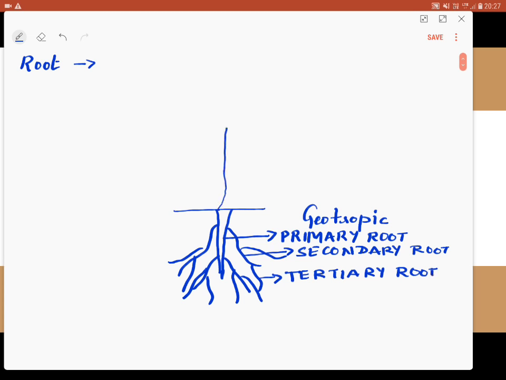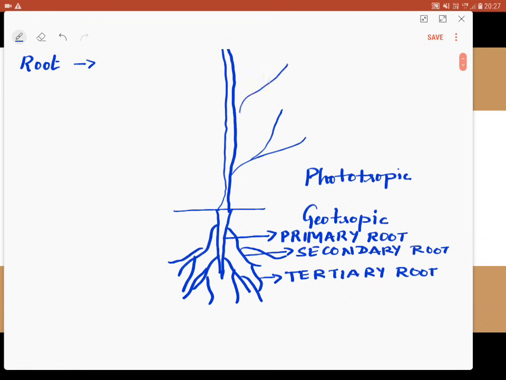Phototropically, on the other side, grows the stem. So, this is a phototropic movement. From the stem come out branches, and on the branches we see leaves.